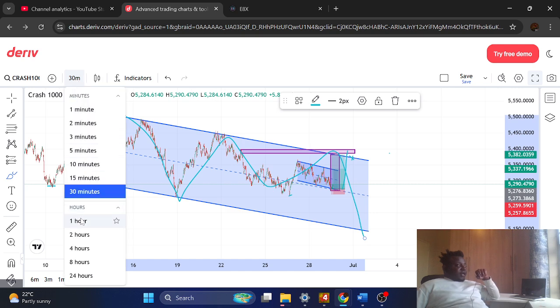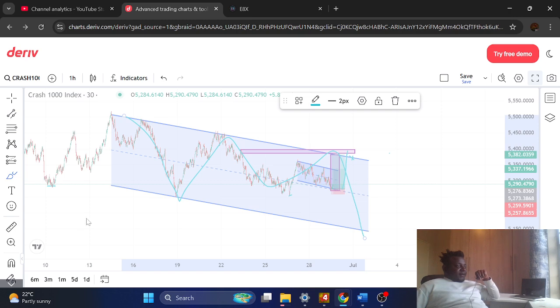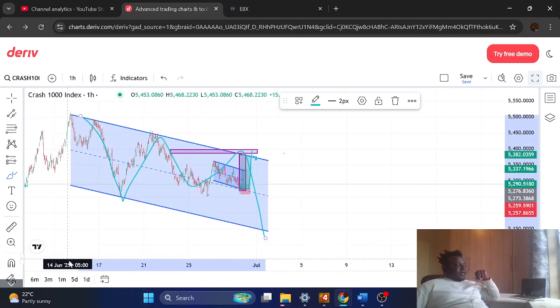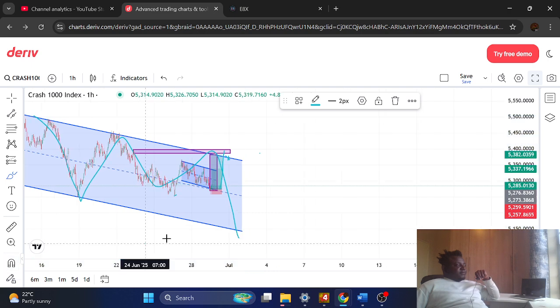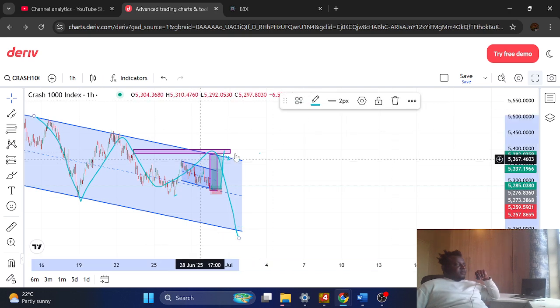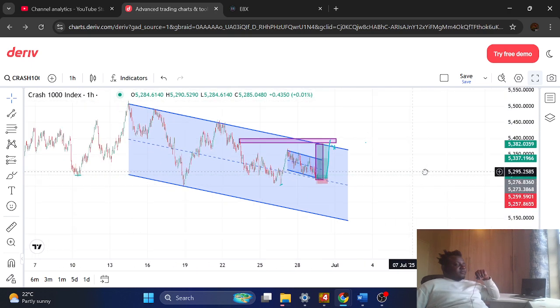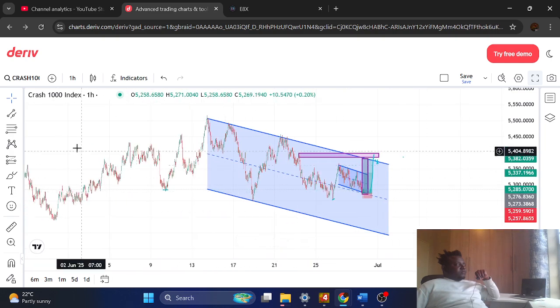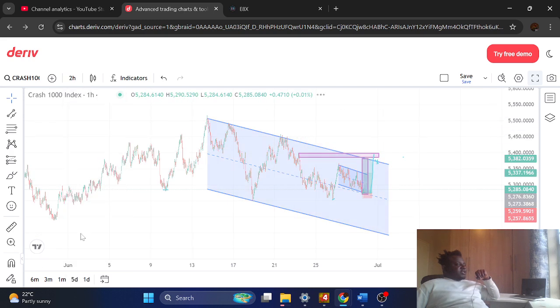So to see the breakouts, you move to the 1 hour time frame again. Let me move to the 2 hour time frame to get it a bit more clear.